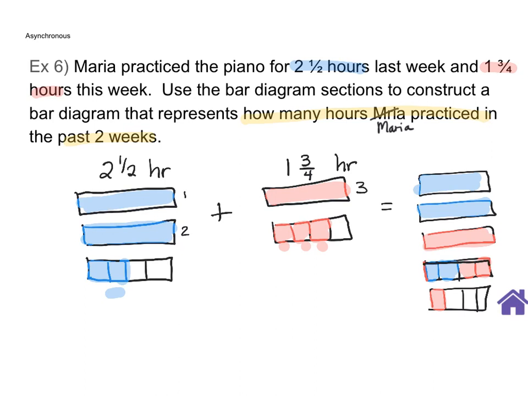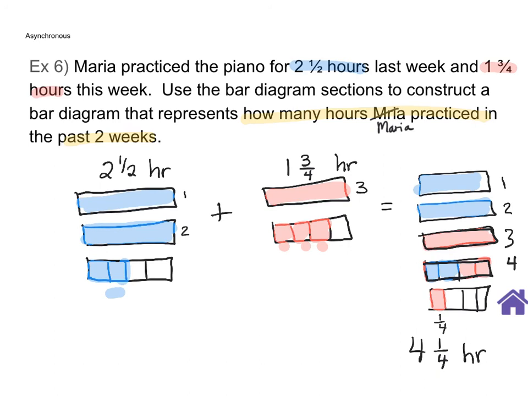So this is 1, 2, 3. I have 4 hours total with a 4th left over. So I have 4 1/4 hours that she spent practicing the last 2 weeks on the piano.